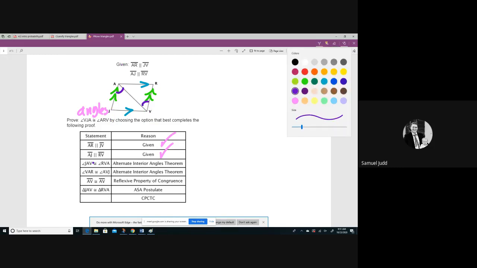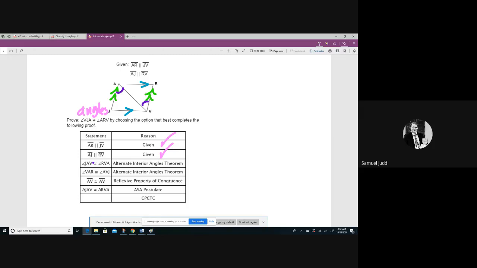They're going to use similar logic again right here, where they say VAR, so VAR is right here, and AVJ is right here. And hopefully you're noticing that is also alternate interior angles. So that checks out. AV is congruent to AV. That's the reflexive property. We say, hey, ooh, I want to do this in a different color.